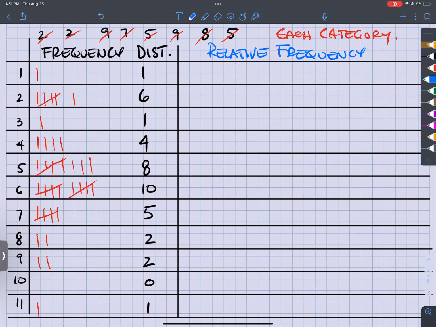That's all. So for example, in this case, this relative frequency is going to be the frequency divided by the total, which is 1 divided by 40, which is equal to.